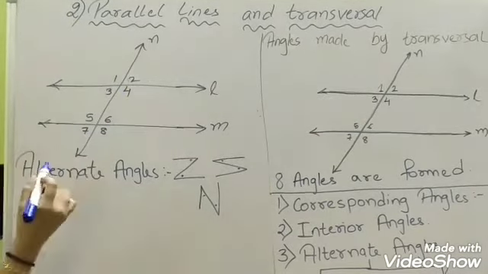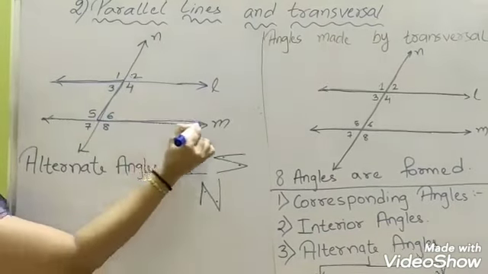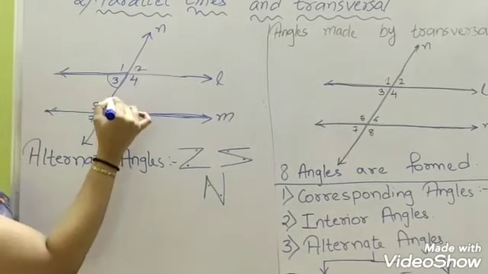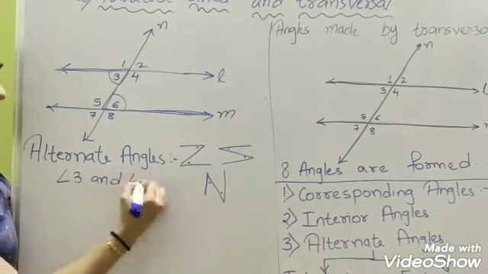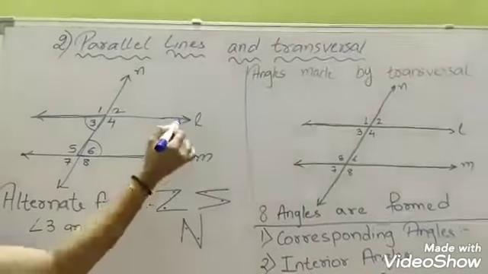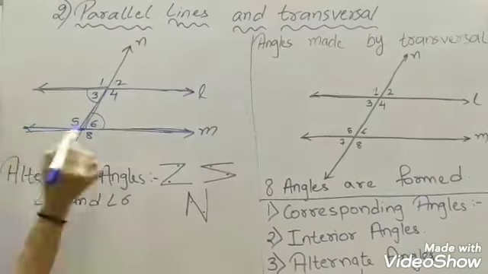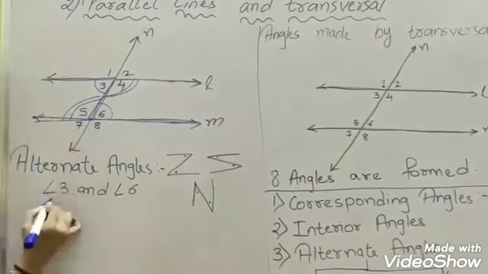Now let's see it in the figure. Can you see here a Z-type structure is formed? Yes. So this angle and this angle, that is angle 3 and angle 6, are alternate angles. Now here you can see the converse of Z, right? That means angle 4 and angle 5.